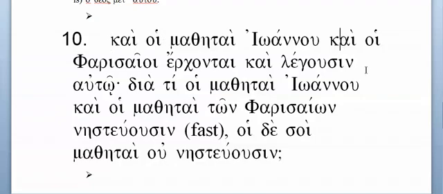Hopefully you know by now that when you have two Kais like that, connecting two very similar ideas, you need to translate it as a both and, not simply and blah blah blah and blah blah blah. Because you have a Kai before both subjects, it's a better translation in this instance to translate it as both something and something else. And that's really what we have here.